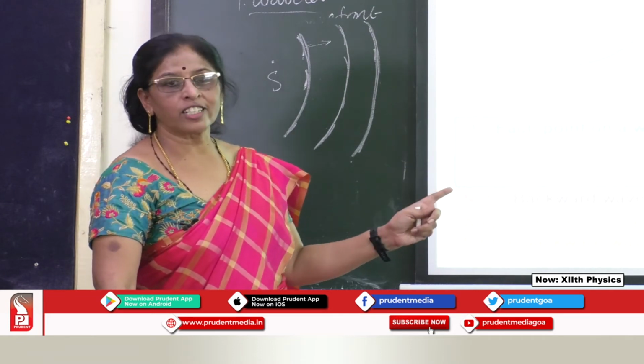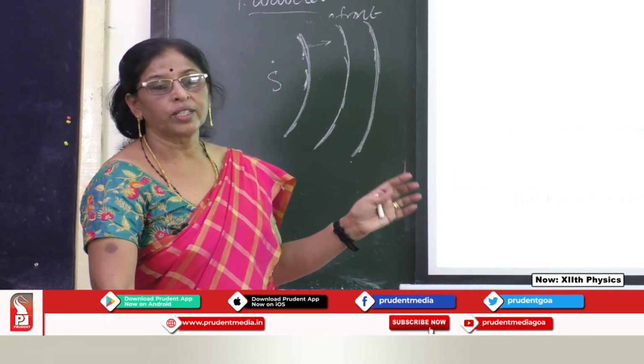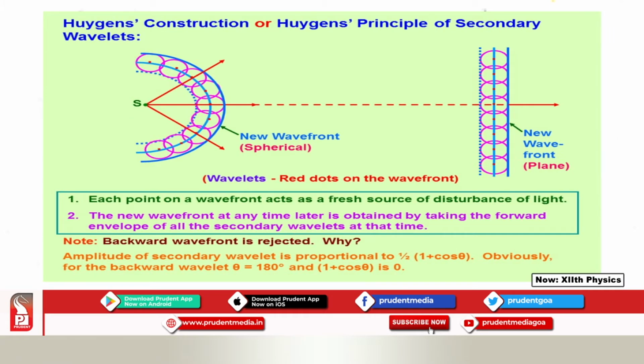So 1 minus 1 becomes 0. That is the reason we don't consider the backward one, which is the light blue one. It is a very important application question which we normally give in my college: why is the backward wavefront not considered? So this is Huygens' principle.